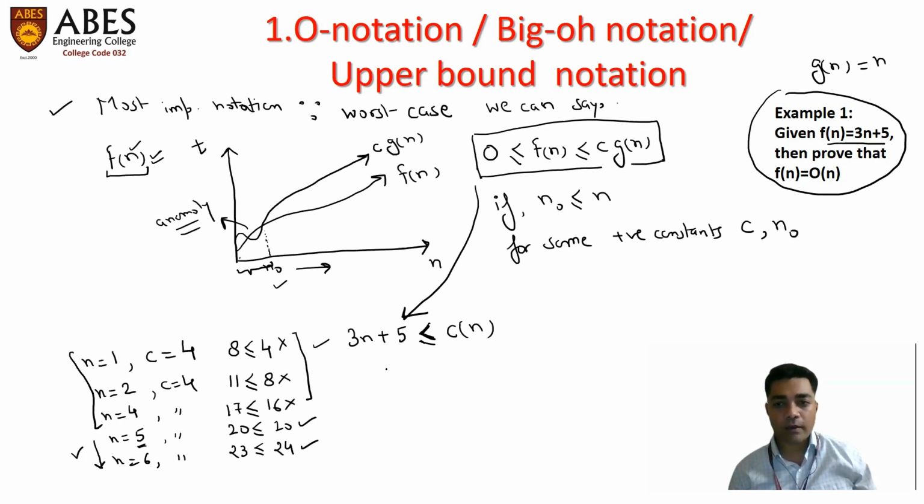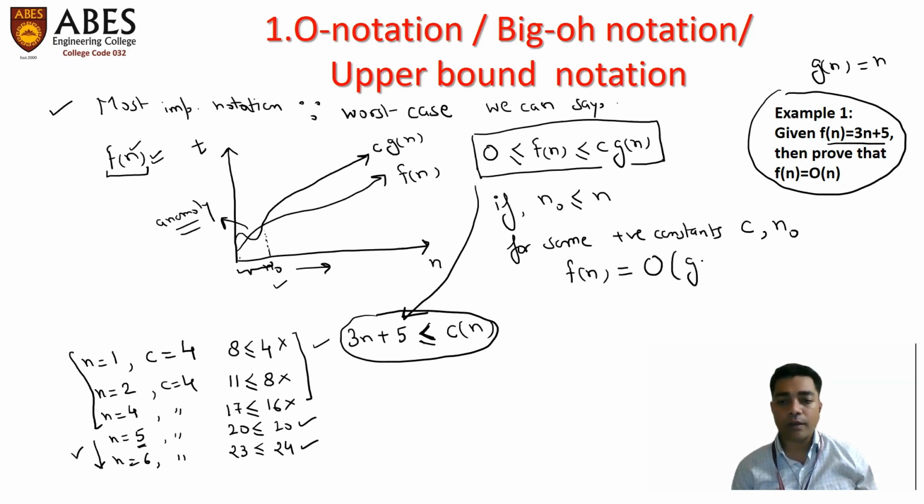So we can say that if we are able to find the correct solution for this equation, we can say Fn is equal to big O Gn.